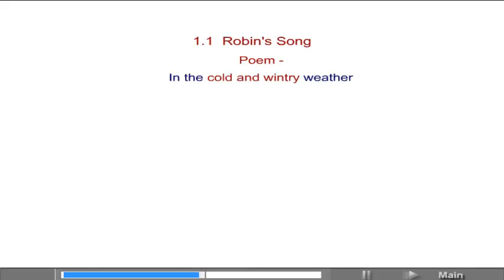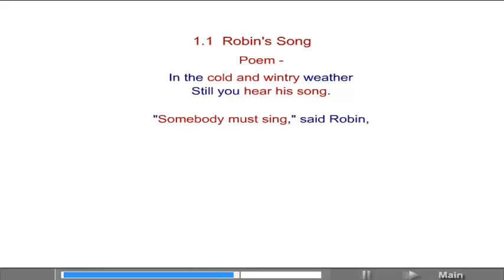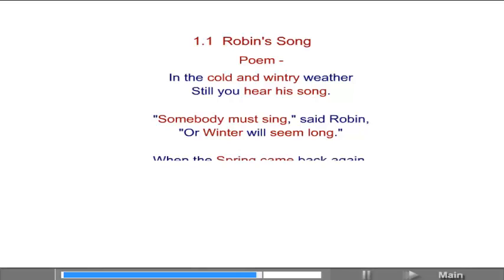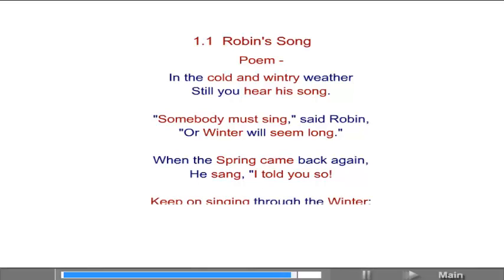In the cold and wintry weather, still you hear his song. Somebody must sing, said Robin, or winter will seem long. When the spring came back again, he sang, I told you so. Keep on singing through the winter, it will always go.